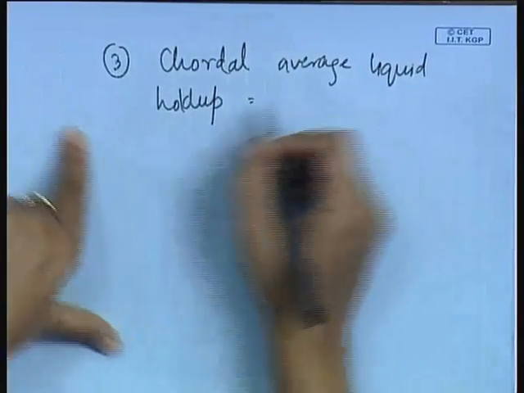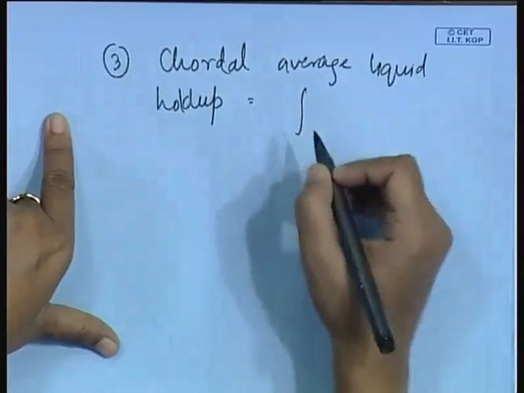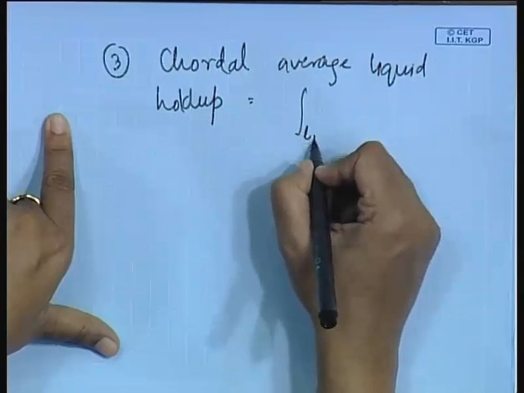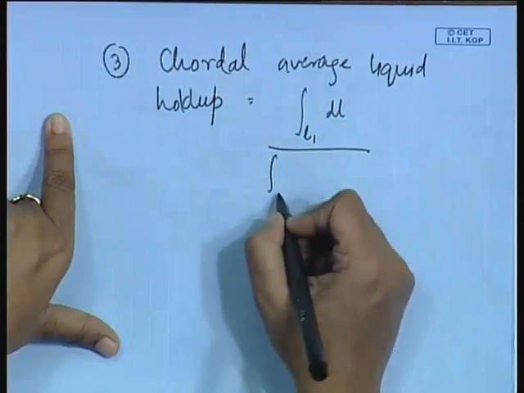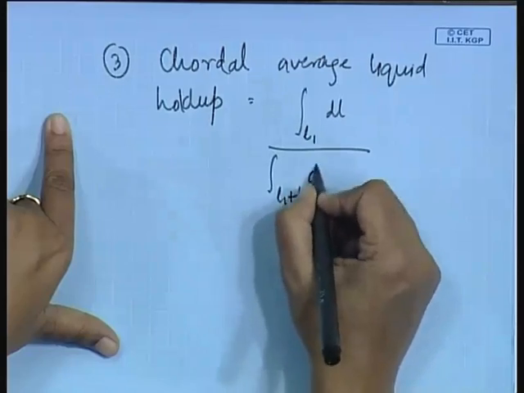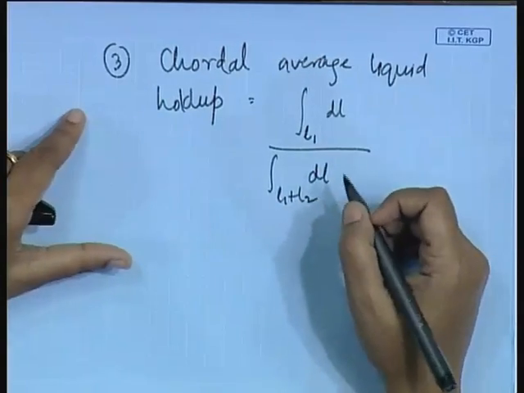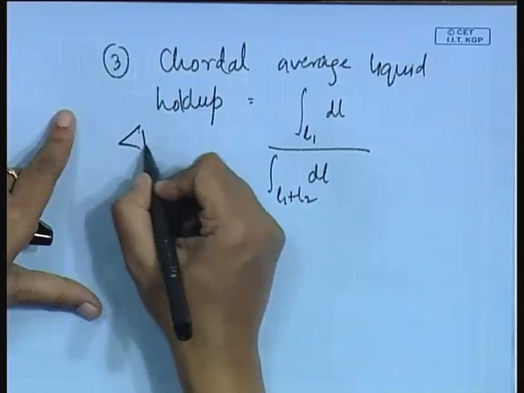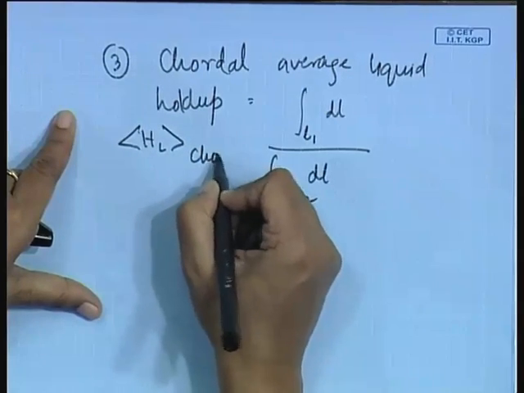How do we define this? This is across a chord, as I mentioned. So, this is integral L1 dl by integral L1 plus L2 dl, and this is defined as HL chordal.